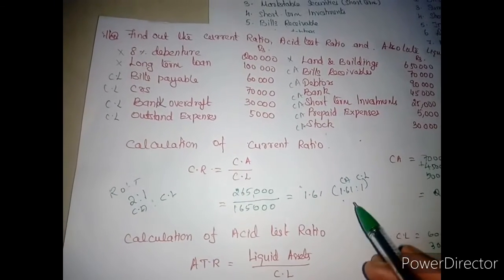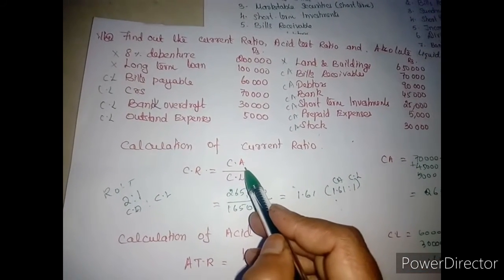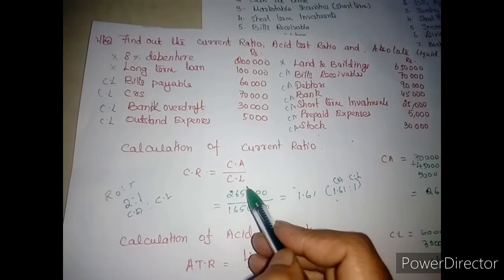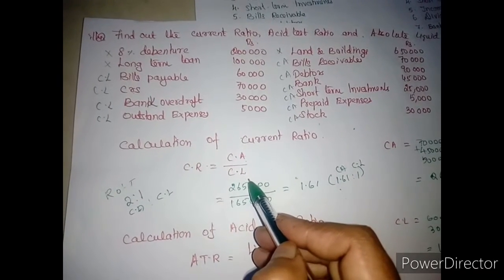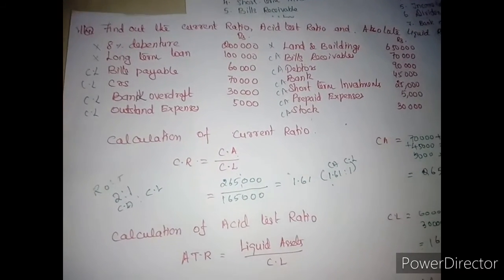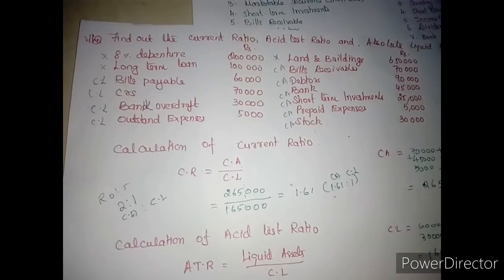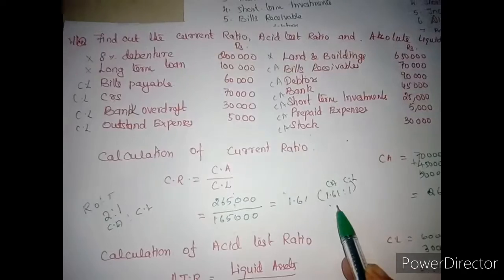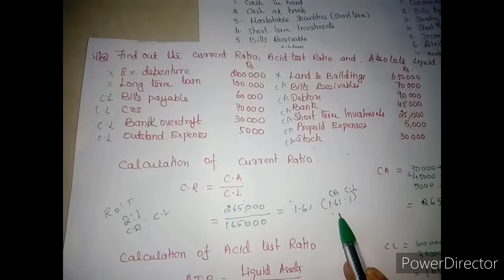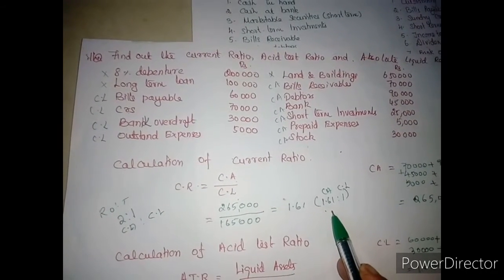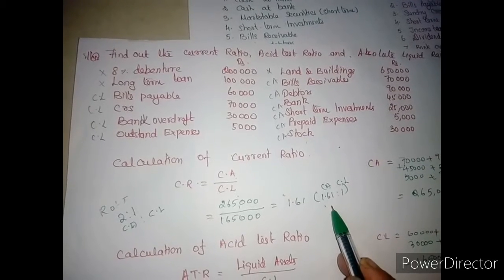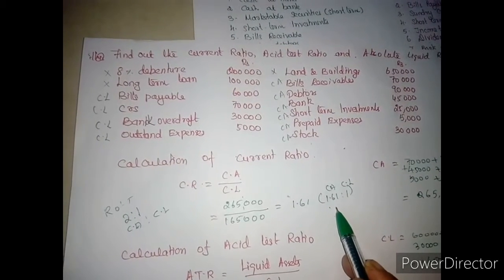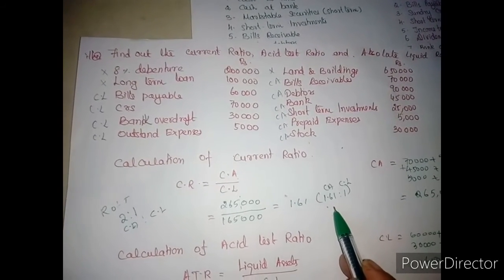We have to increase the current asset value, or else reduce the liabilities. Then only the company's position will be good. This is not a sound position, so we have to concentrate on current asset improvement or reducing the current liabilities. We have to know the position of these things.